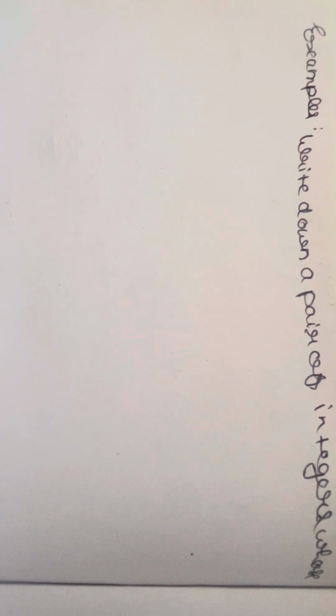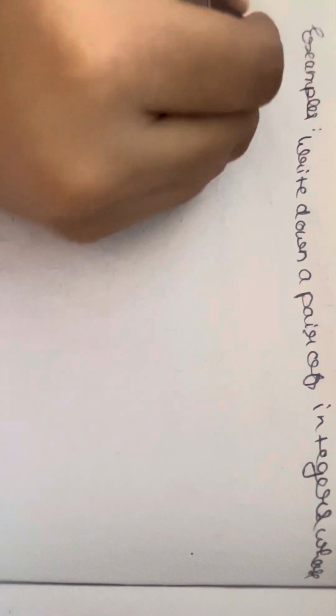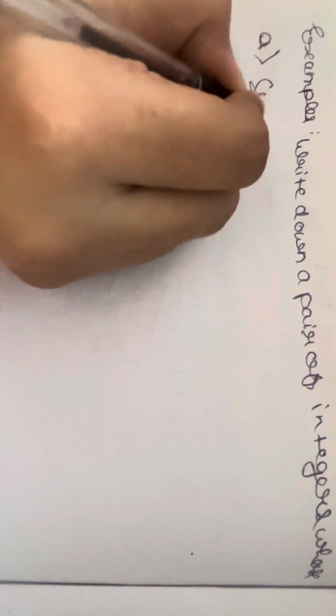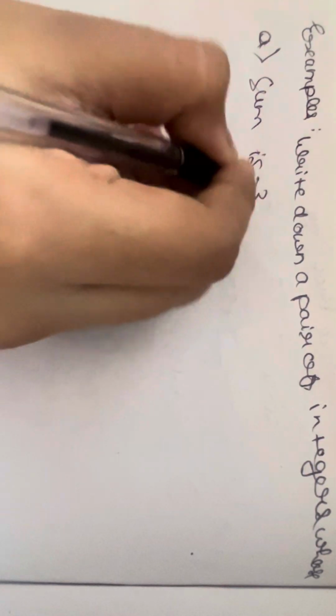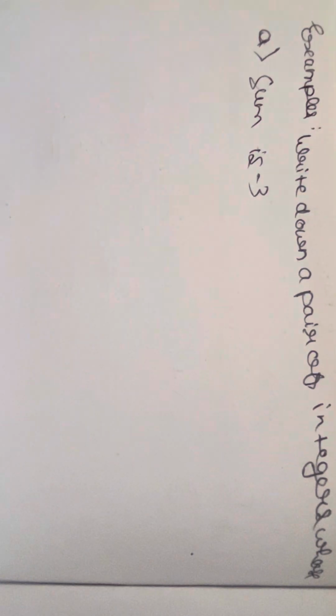So now I'm going to explain through examples how to solve the sums. Taking the example, the sum is minus 3. So you basically have to think of the integers whose sum is minus 3. Any numbers, whether positive or negative, their sum should be minus 3.